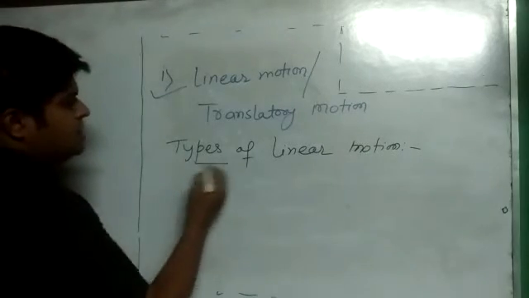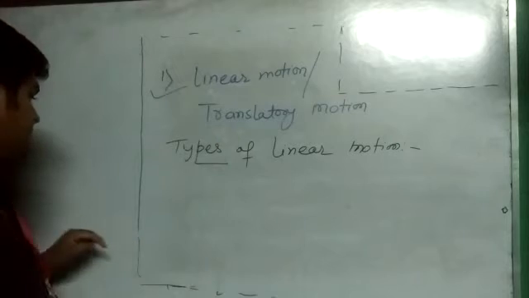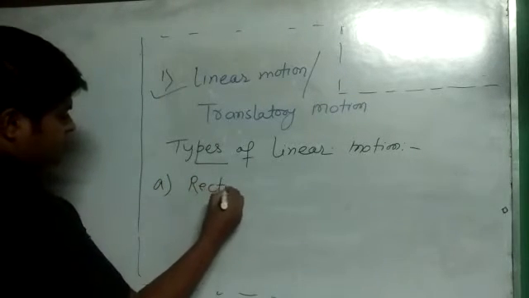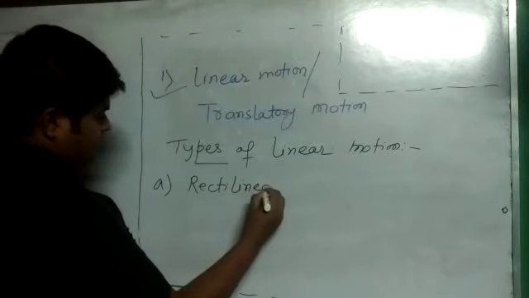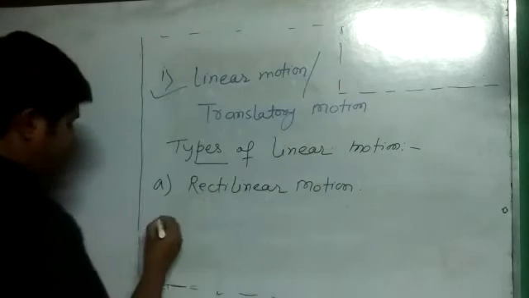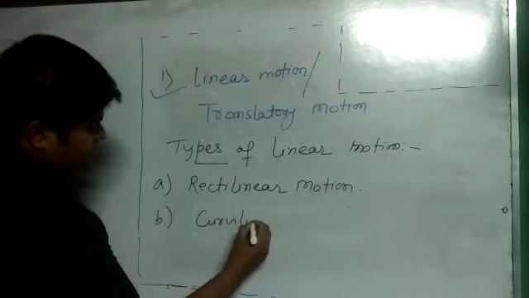Now, types of linear motion. There are two types of linear motion or translatory motion. First is rectilinear motion, and second is curvilinear motion.